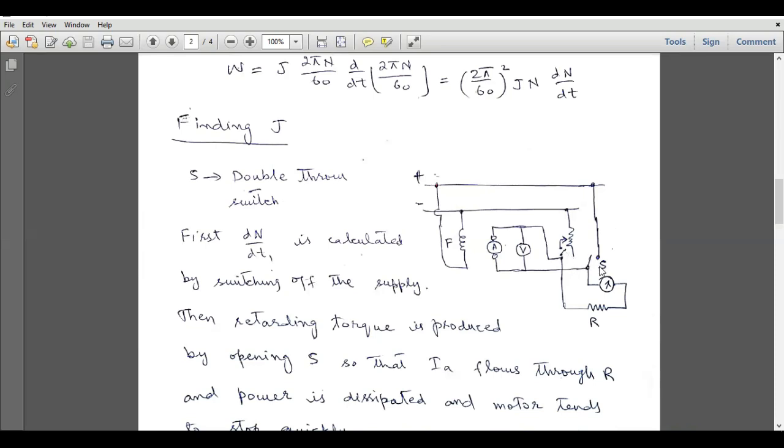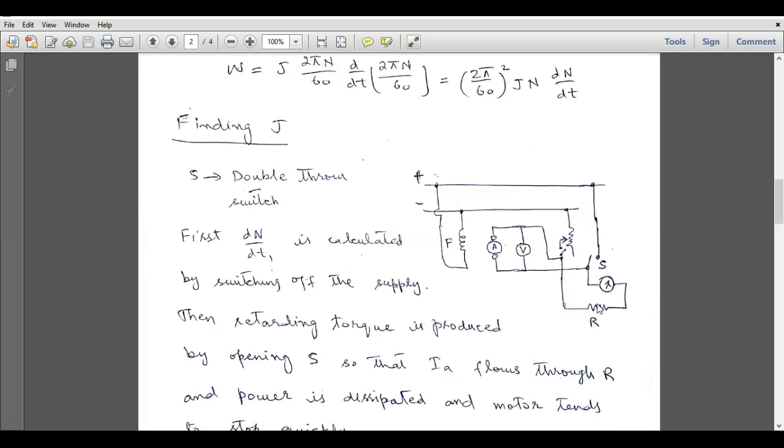When we open the switch from here, it will also be opened from this side, because this is a double throw switch. So in this test, we disconnect the armature from the supply by using these two switches, or this single double throw switch, and we build such a system over here as well.